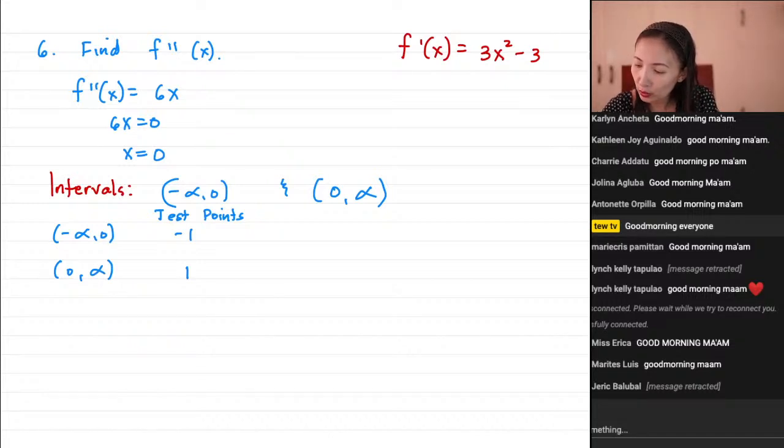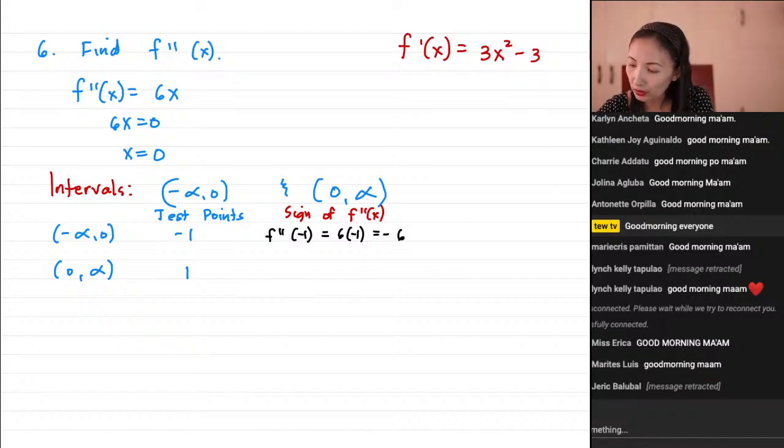So let's look into the sign of f double prime of x, beginning with f double prime of negative 1. f double prime of negative 1 is 6 times negative 1, which is negative 6. So what will be our conclusion?